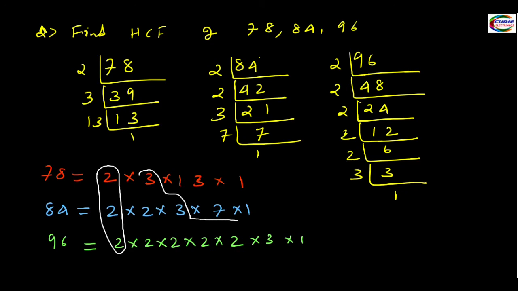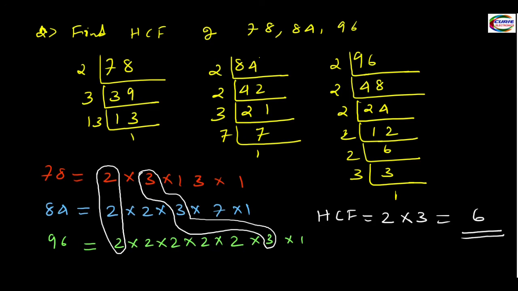You have to take the common numbers. 1 is also common, but we need not take it. Now HCF equal to 2 multiplied by 3. That is, HCF of the numbers 78, 84 and 96 is 6.